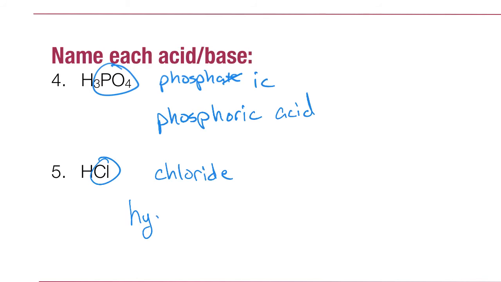We're going to start our name off with hydro. We don't use that hydro prefix when it ended in ate or ite, but we do when it ends in ide, when it's just a single element after the hydrogen. And then we put the basic part of the name here, but we replace the ide with an ic, so it becomes hydrochloric. And then any acid is going to end in the word acid.